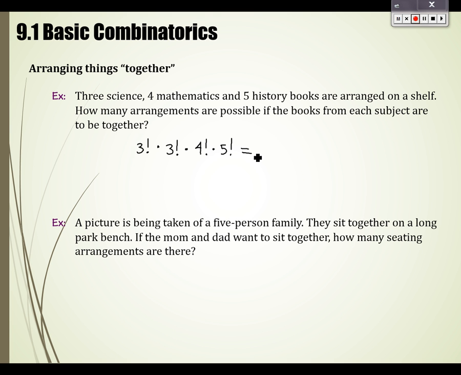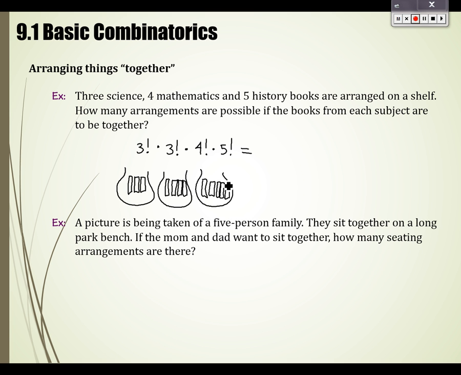My way of picturing this is to throw the books in a bag, like in a sack. First we arrange the 3 sacks, 3 factorial ways to do that, but then we have to take the books out of the sack and arrange them.